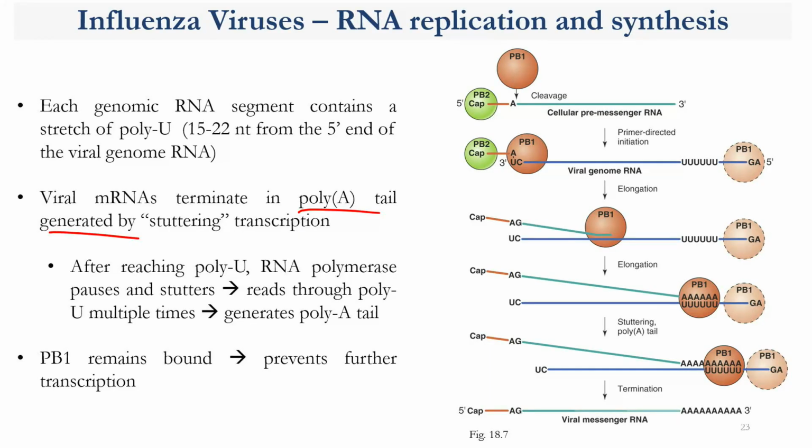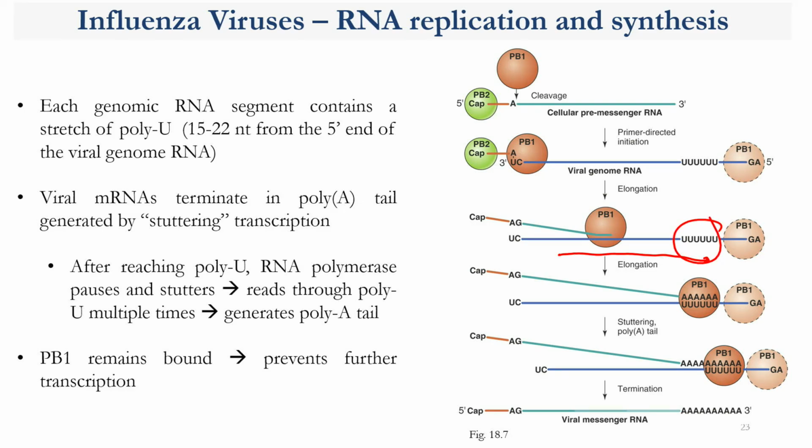Because what's going to happen is, now you have PB2 attached to a cap from a pre-mRNA from the cell. PB1 will cut, and using this as a primer, you're going to start synthesizing the genomic RNA. PB1 will elongate. PB2 comes off the cap. It's now ready to go attached to another pre-mRNA. And as PB1 continues moving along, eventually it will reach that stretch of U's.